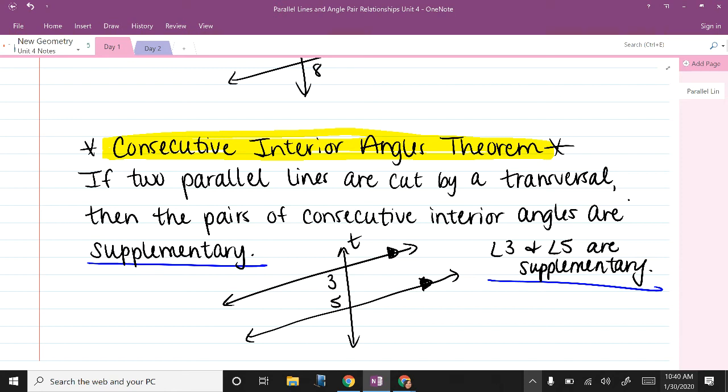So alternate interiors are congruent, alternate exteriors are congruent, corresponding angles are congruent, but consecutive interior angles are supplementary. What does it mean to be supplementary? They add to be 90, not 90, 180 degrees, right? Okay, good job.